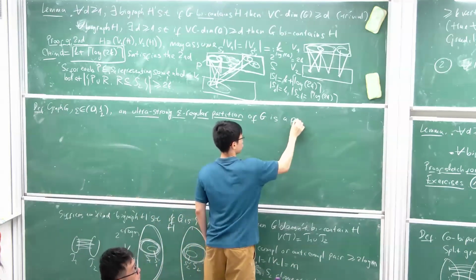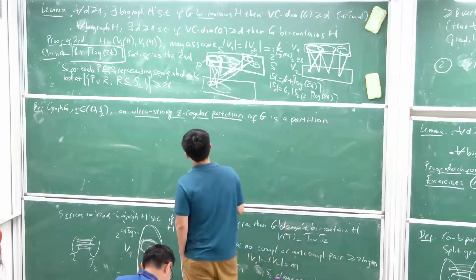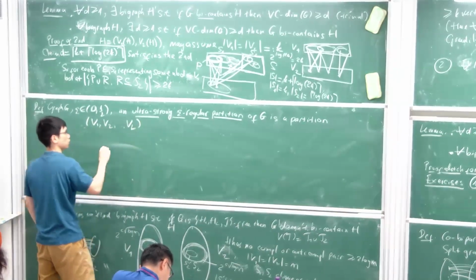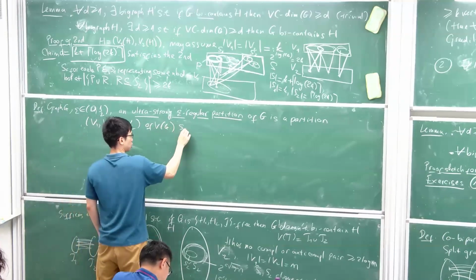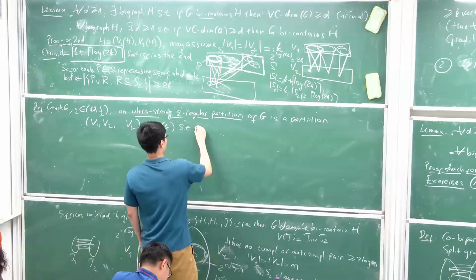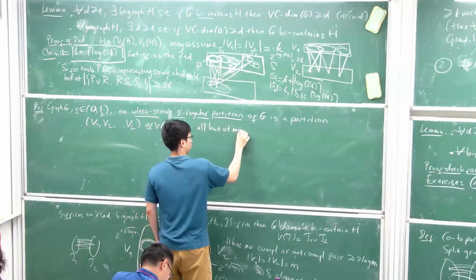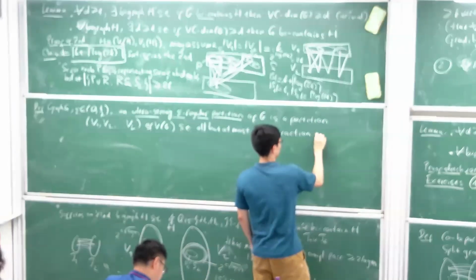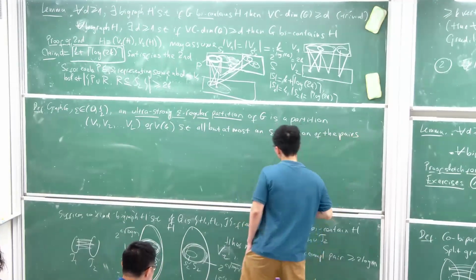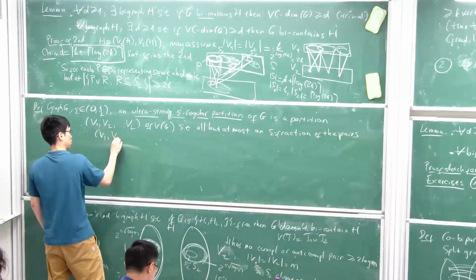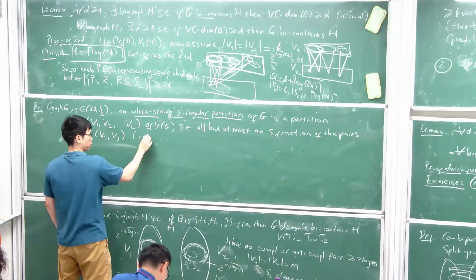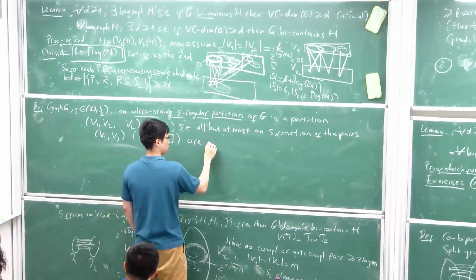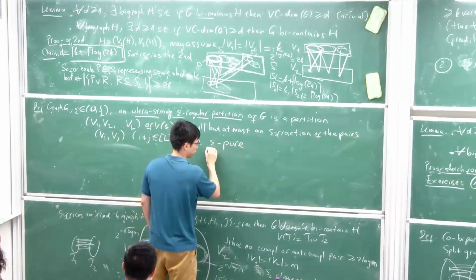G has a partition B1, B2 to BL into regions such that at most an epsilon fraction of pairs BI, BJ, where of course I and J are distinct and in 1 to L, are not epsilon pure. So what does this mean?